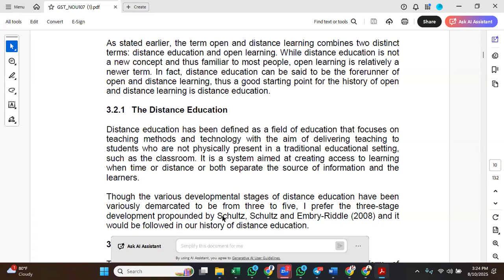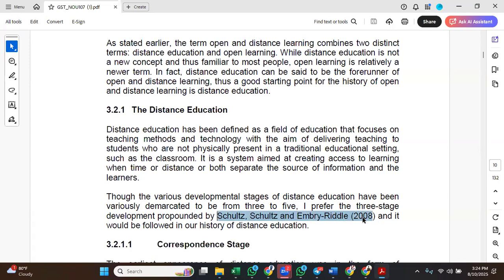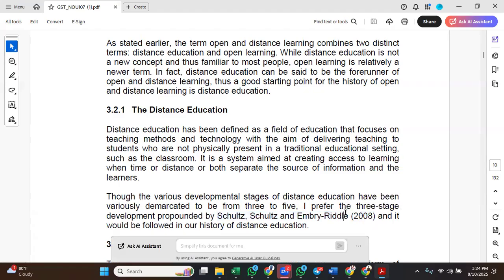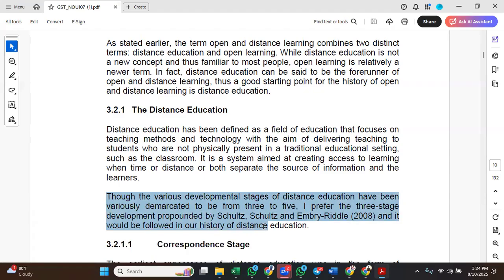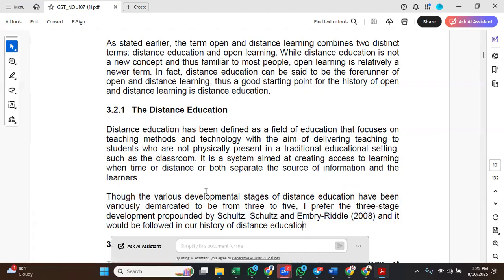There's a question they normally ask on these names, and I'm trying to remember the question. I think those who propounded the 3-stage development. Okay, I can't really recall the way they put the question, but please, put this whole paragraph to mind. So they said that we have 3 to 5 stages.